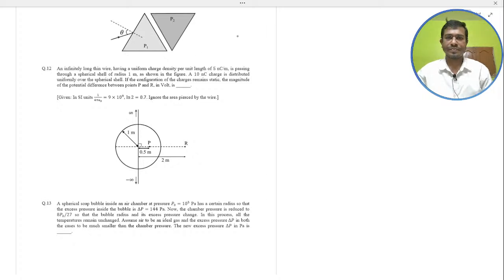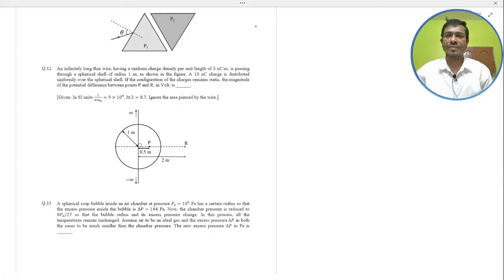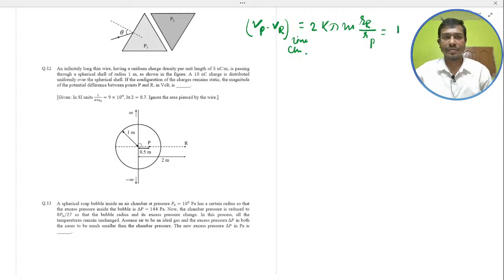Simple. Vp minus Vr, for the line charge, is twice k lambda ln of capital R by R P. This is given as 126 volt.